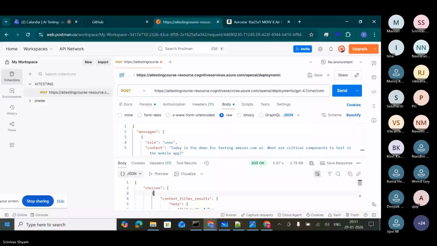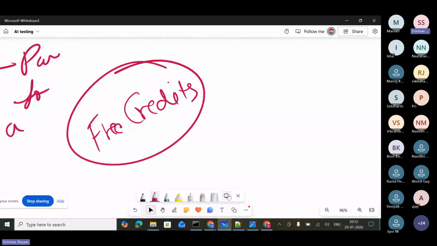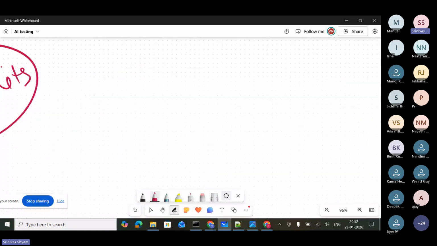For that, what do you think the test data might be? Anyone with a testing background already? If I have an AI API and I want to do hallucination testing with it, any idea what test data? Any guess?